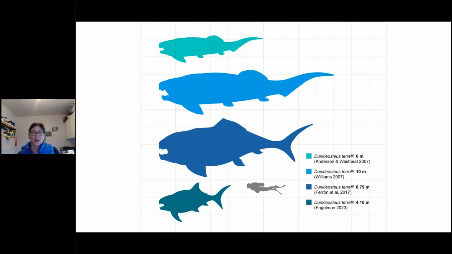How do you, if you are not a placoderm, if you are not a top predator, what is available to you as an option except just being eaten? So this is the time where we start to see evidence of animals leaving the water. And it's kind of nice to think about, well, perhaps they were just doing it to get away from Dunkleosteus.